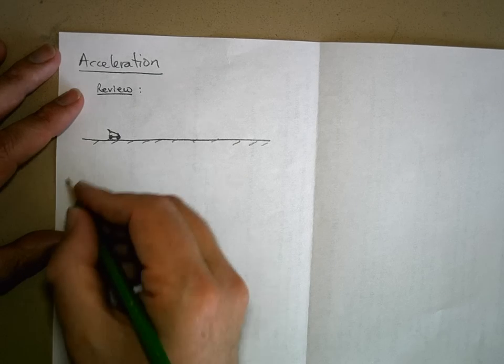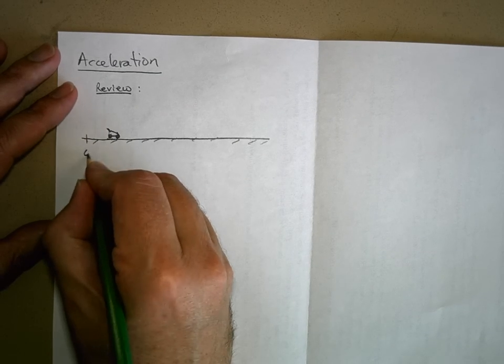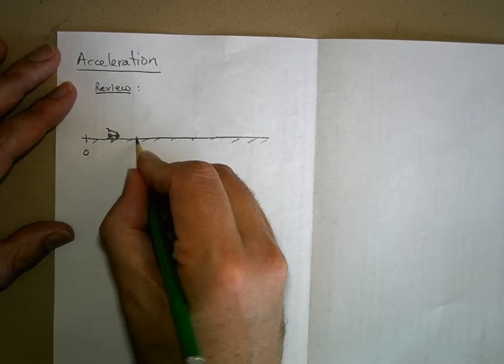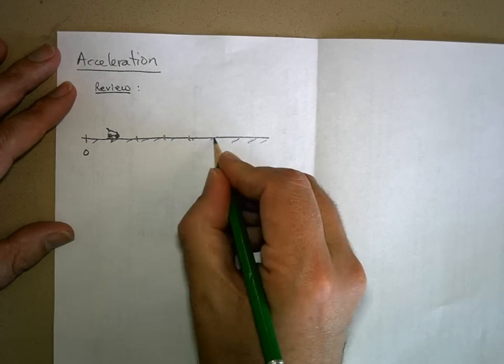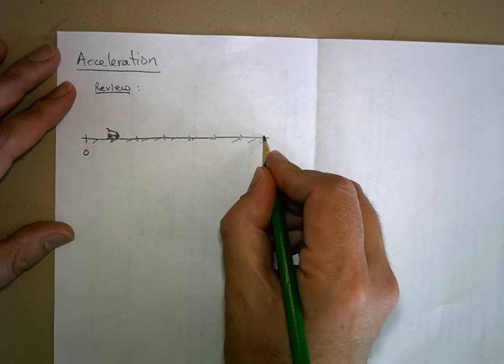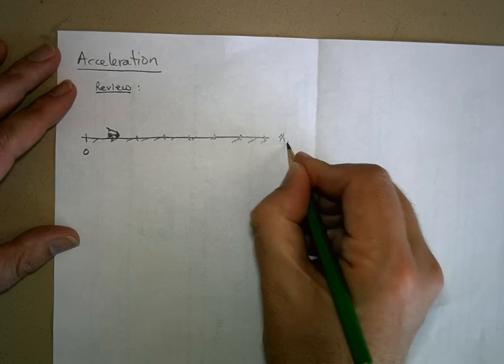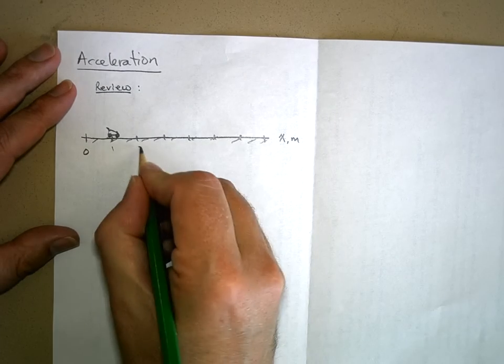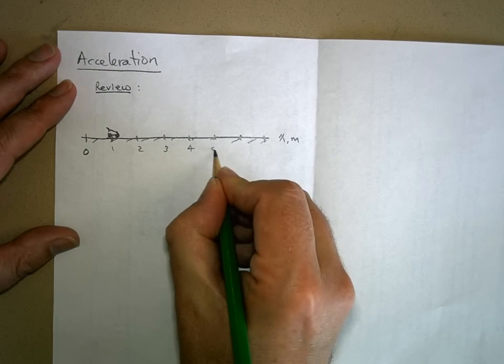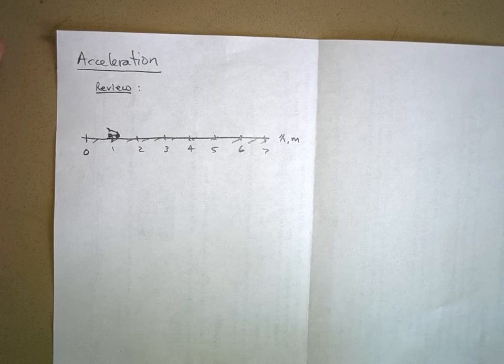So we just arbitrarily pick an origin, like maybe here's 0, and we'll make this 1, 2, 3, 4, 5, 6, 7 meters, and we'll call it the x-axis.